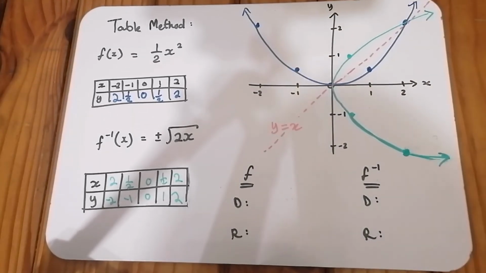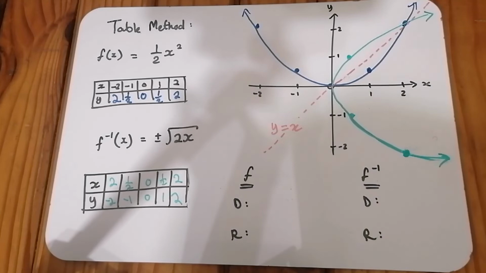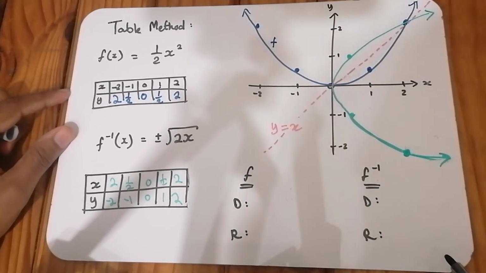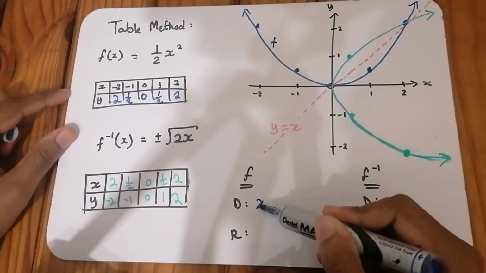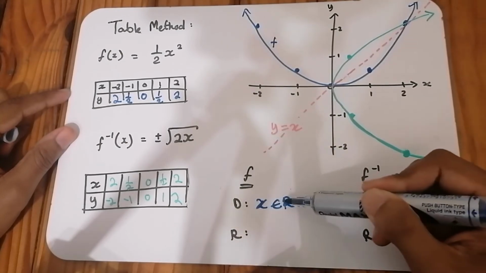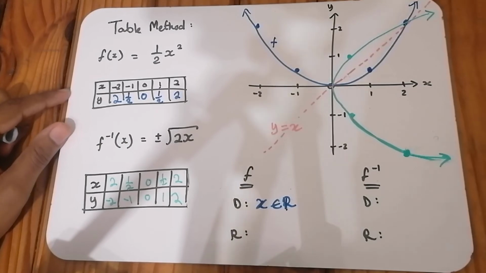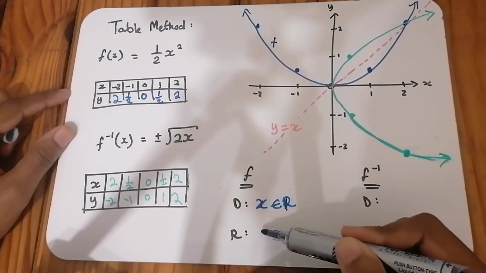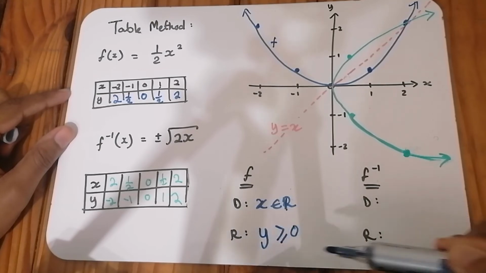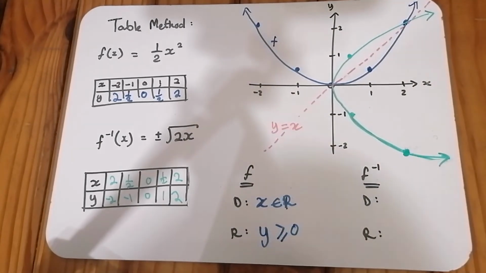Okay. Now, let's write down the domain for these functions. So the f function, your parabola, has a domain of all the x values, that's an element of the real numbers, and then it has a range of all the y values greater than or equal to 0. Okay.